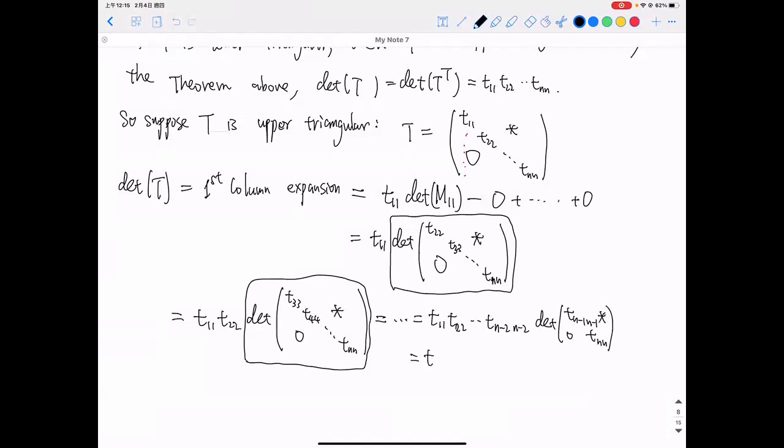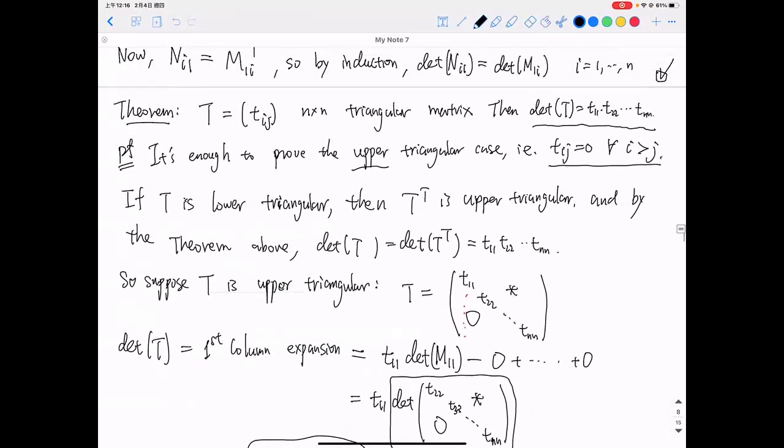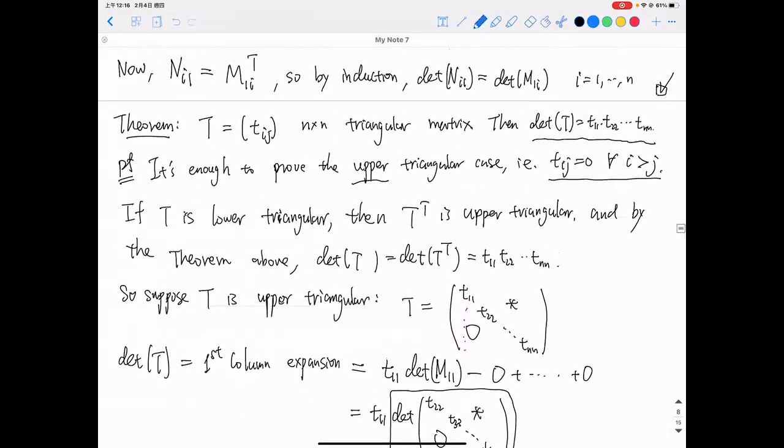And then this is just T11, T22, up to Tnn. Okay. So, not bad. Again, what this theorem is telling you is that for a triangular matrix, the determinant is easy to compute. You take the diagonal entries and multiply them together. Okay, good.